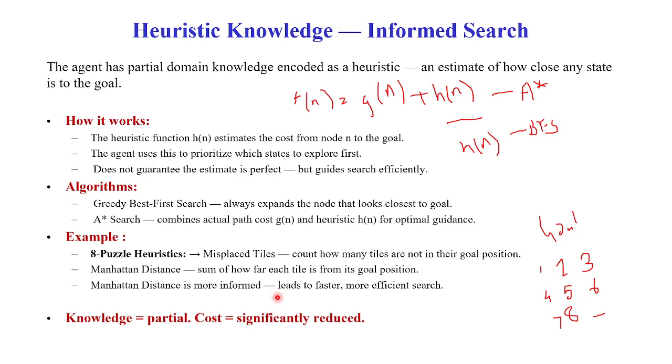These are the directions. So it is more informative and leads to faster and efficient search. When you have some kind of heuristics, even if we have only partial knowledge about the domain, your cost will be significantly reduced.